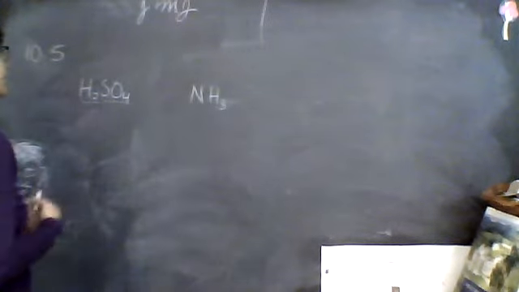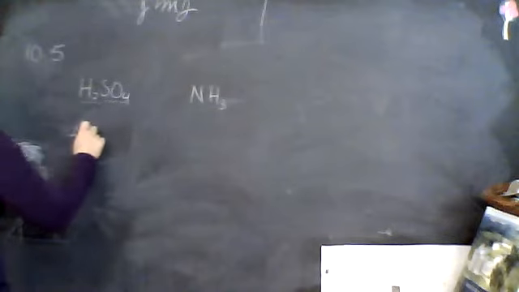Let's find out if this is going to be a base. What do you think? It says right here that ammonia is a base. It does, which is helpful. So we got our acid and our base.